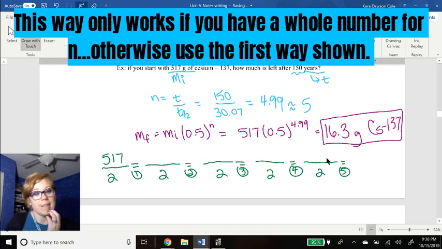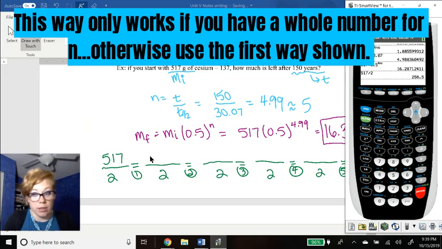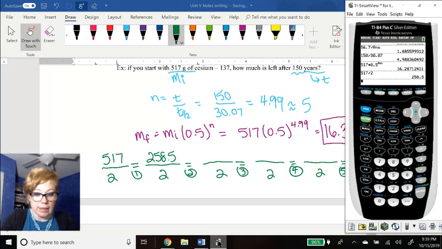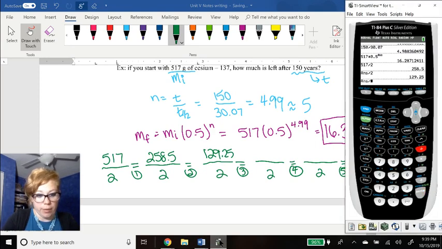Okay. So doing it this way, I'm going to take the 517 divided by 2. The first number it gives me is 258.5. And then I can take that number and divide it by 2. That gives me 129.25. And then I can divide that by 2 again, and that gives me 64.625.